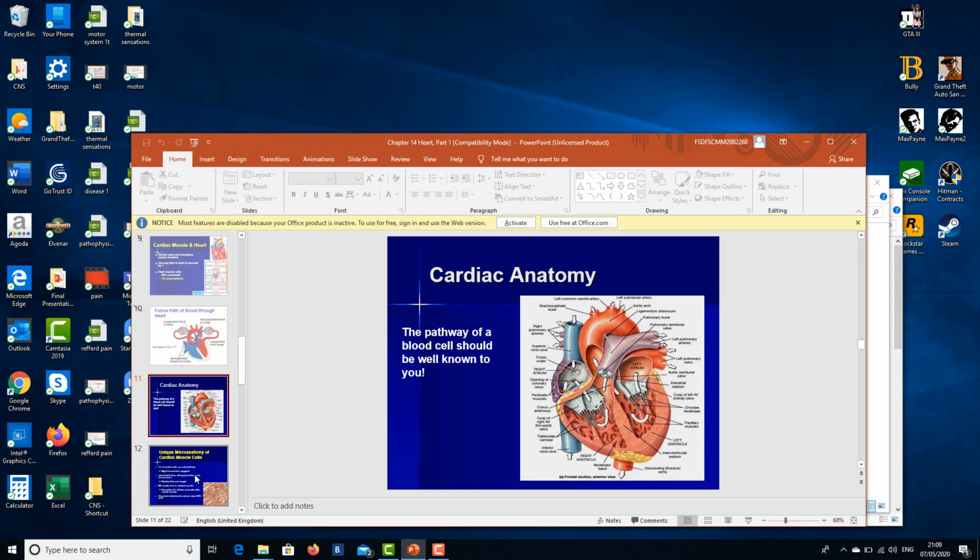Again between the left atrium and left ventricle there is presence of valves, and the valves are there to prevent the regurgitation of the blood back.